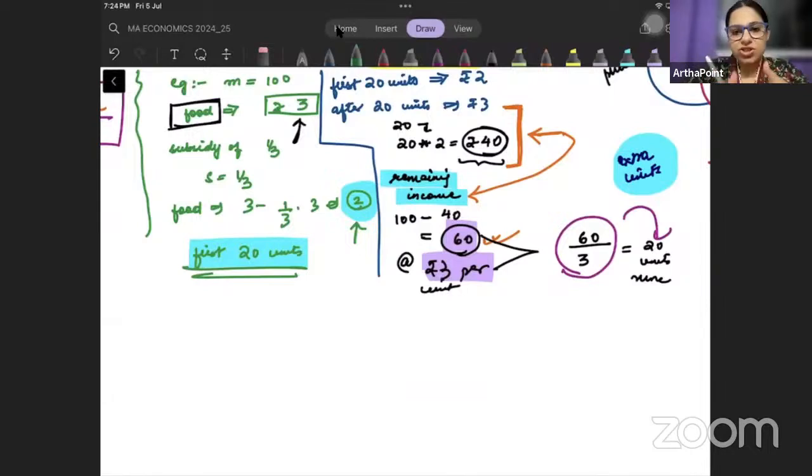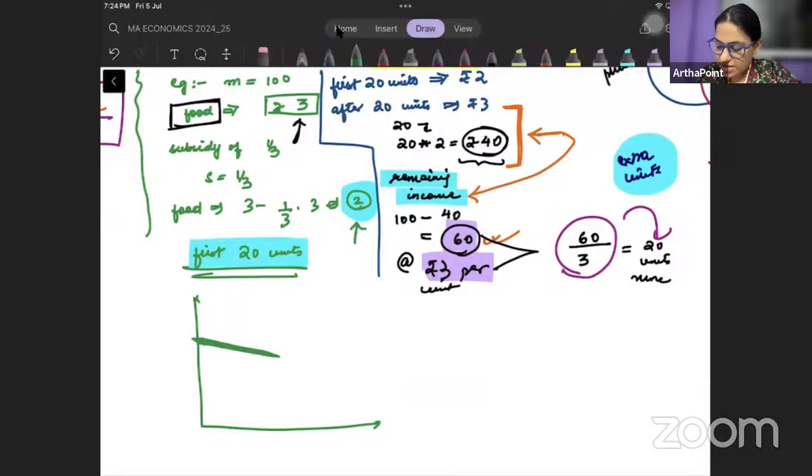Yes, the initial purchase is at the subsidized rate. That means if I draw it in terms of the budget line, initially the budget line is flatter, because it is the subsidized rate. So this is P1 minus S price. The price of the other good I can just take as 1. And then it is steeper, because it is at the expensive price.